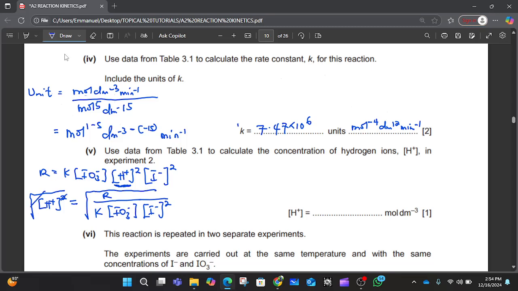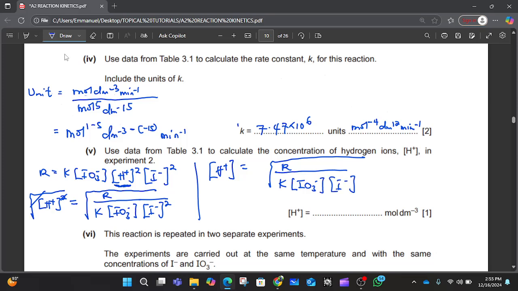And so it means that our H plus ion concentration is equal to the square root of the rate divided by the rate constant times concentration of IO3 minus times the concentration of I minus squared.